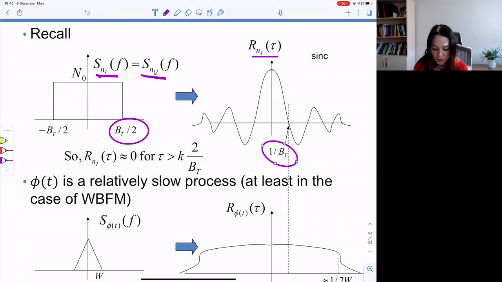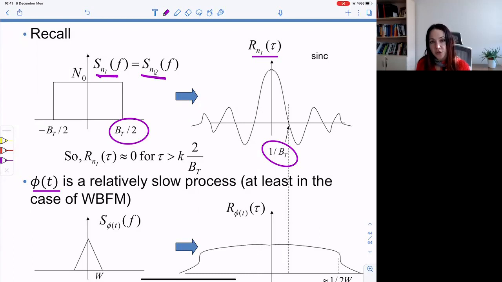Now, phi of t itself, the phase due to the message, is relatively slow with respect to Bt. Because the bandwidth of the message is W, if beta is large, say beta is 5, for example, we're talking about beta plus 1 times W for Bt. In fact, twice beta plus 1 times W for Bt.